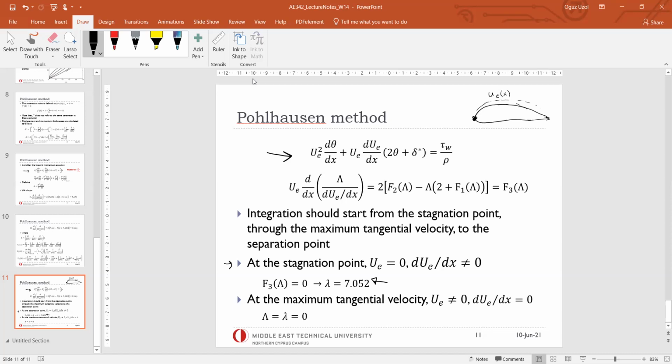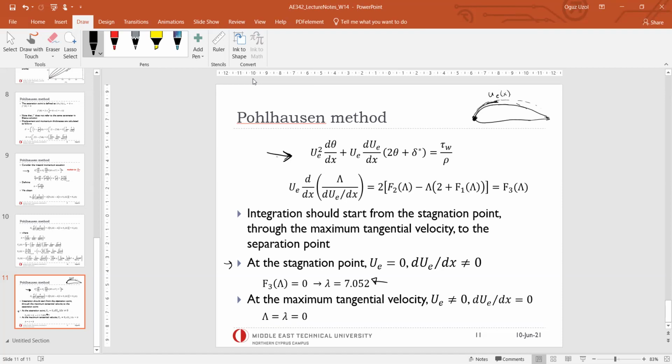That comes from the equations that we have seen yesterday. And the integration of this equation should continue until we reach maximum tangential velocity, so maximum Ue, because when we have a curved surface, Ue is indeed x dependent, unlike a flat plate.